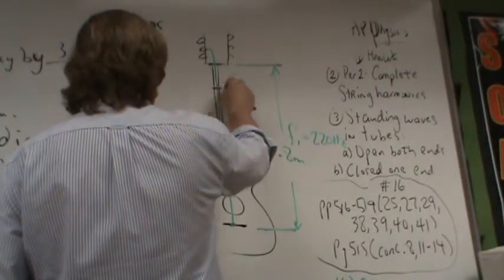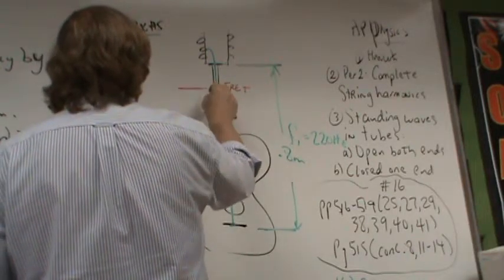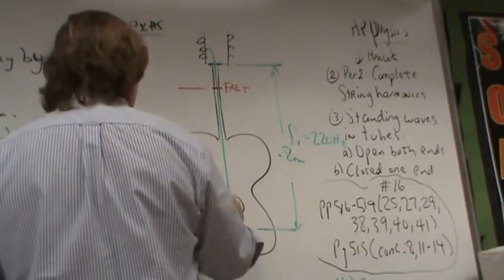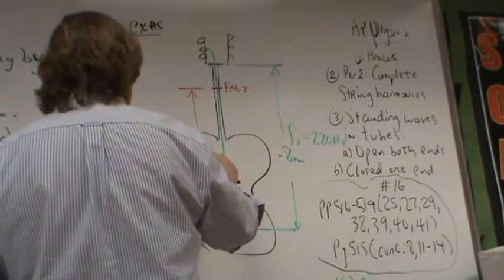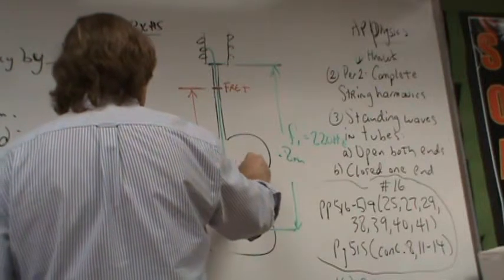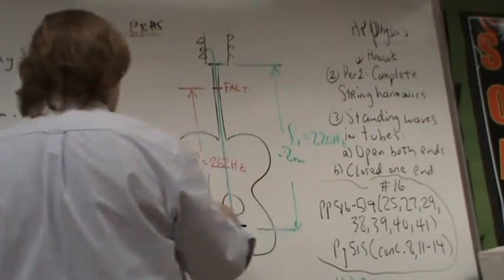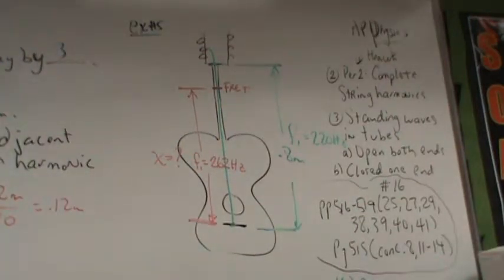So somewhere, I'm going to fret this string so that the length of the string is now shortened, and I want this frequency to be 262 hertz. What distance do I need to have between the fret and the bridge to get a 262 hertz tone? Good luck.